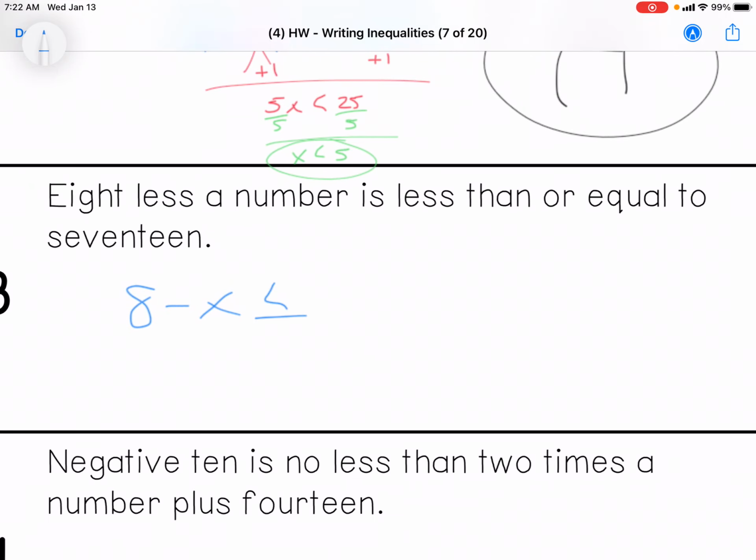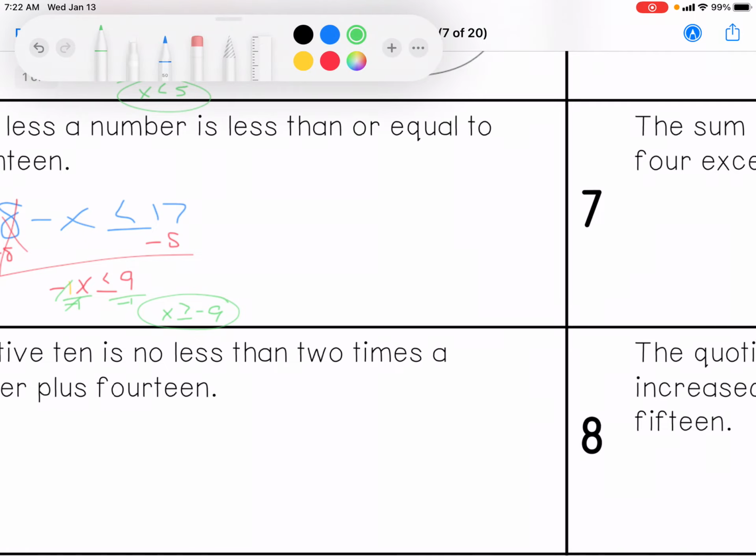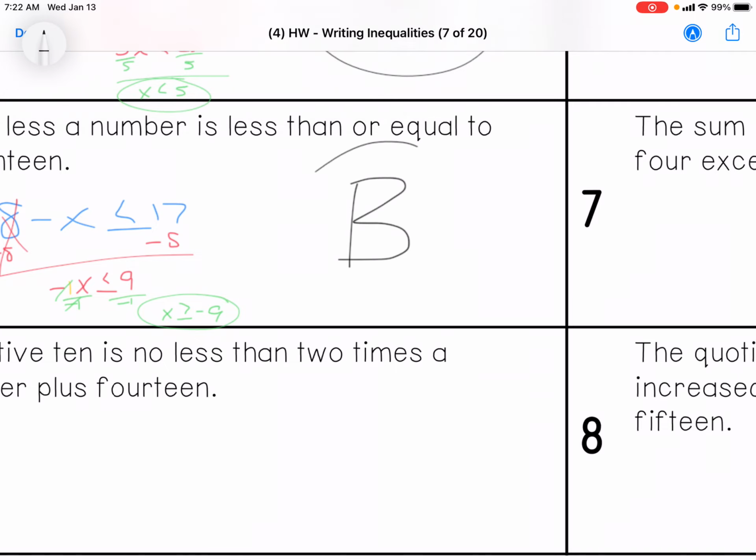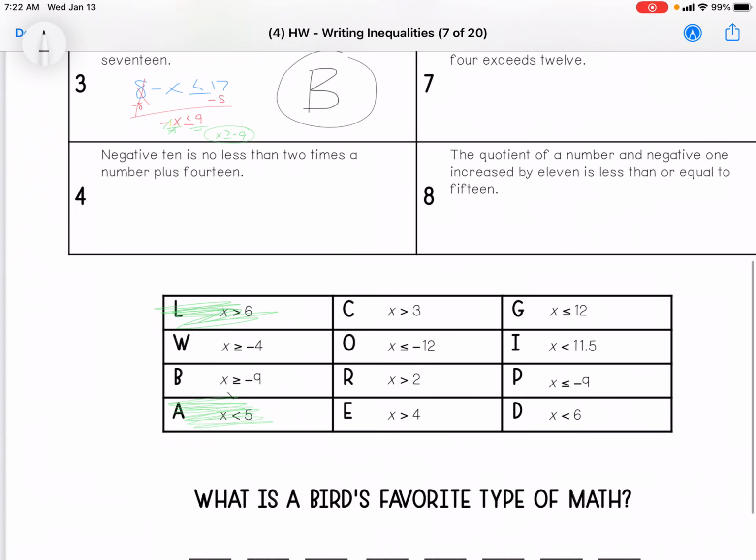You're left with negative x is less than or equal to 9. Divide by negative 1, because that's understood to be a negative 1 in yellow right there. Alert, alert, I divided across the sign by a negative, so flip the sign. X is greater than or equal to 9, and I believe that is B down at the bottom. It is.